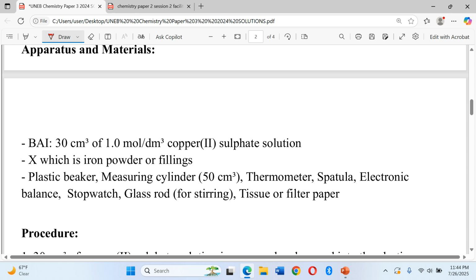Then we have the plastic beaker, the measuring cylinder, the thermometer, the spatula, the one you're going to use for removing the iron, and then the electronic balance, the one we're going to use to measure the mass, the stopwatch, the glass rod for stirring, and then the filter paper. Now, these are the materials.